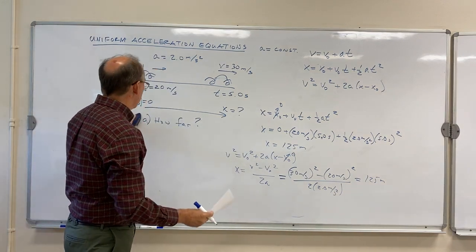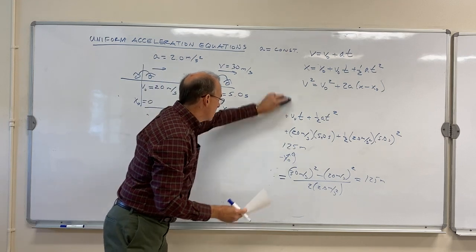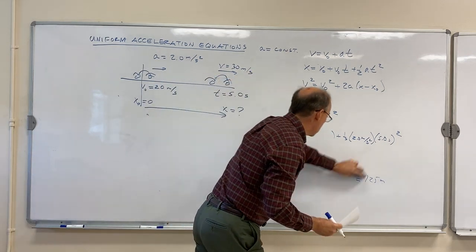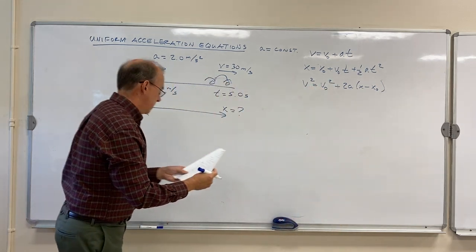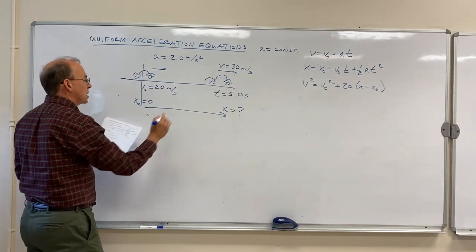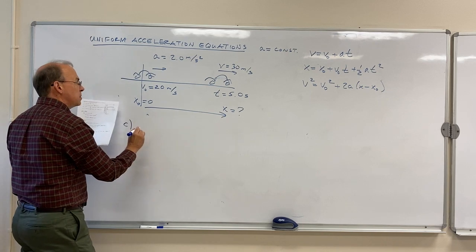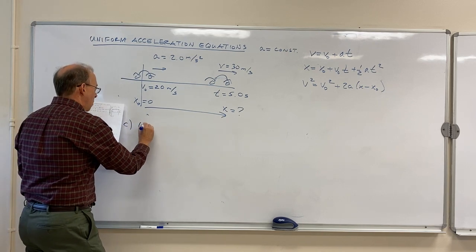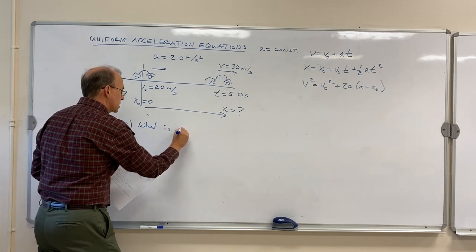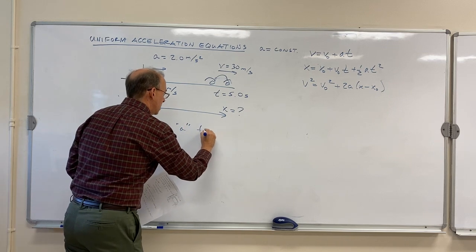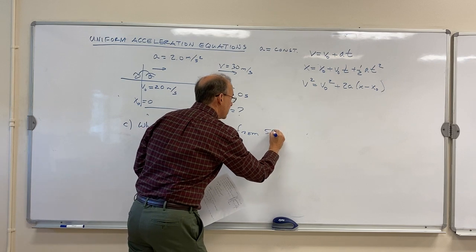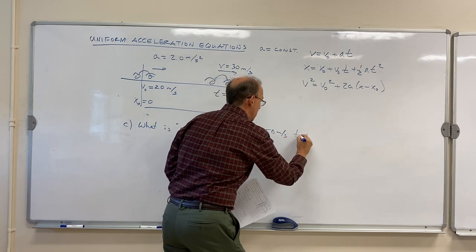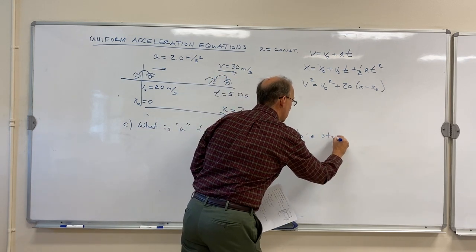One more example from here. Suppose it keeps speeding up and it's going 50 meters per second. What is the acceleration to slow from 50 meters per second to a stop?